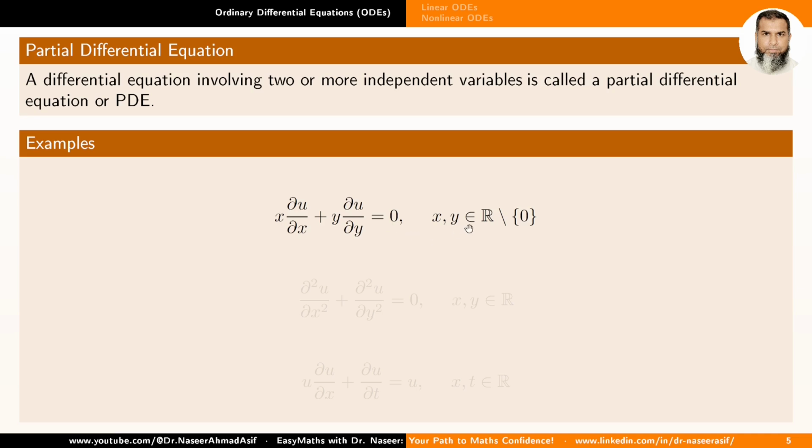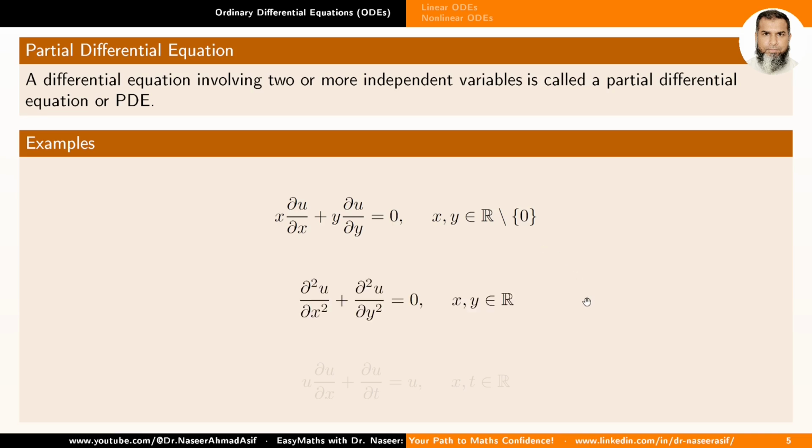Here x and y belong to R other than 0. In this equation, there are three variables x, y, and u. This is the derivative of u with respect to x. This is the derivative of u with respect to y. So there are two independent variables x and y. So this is a partial differential equation.